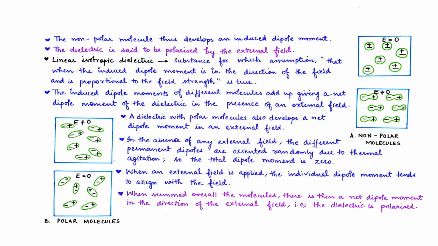So this is what happens to our non-polar molecules. See over here, the non-polar molecules thus develop an induced dipole moment. They develop an induced dipole moment, but polar molecules already have a dipole moment.